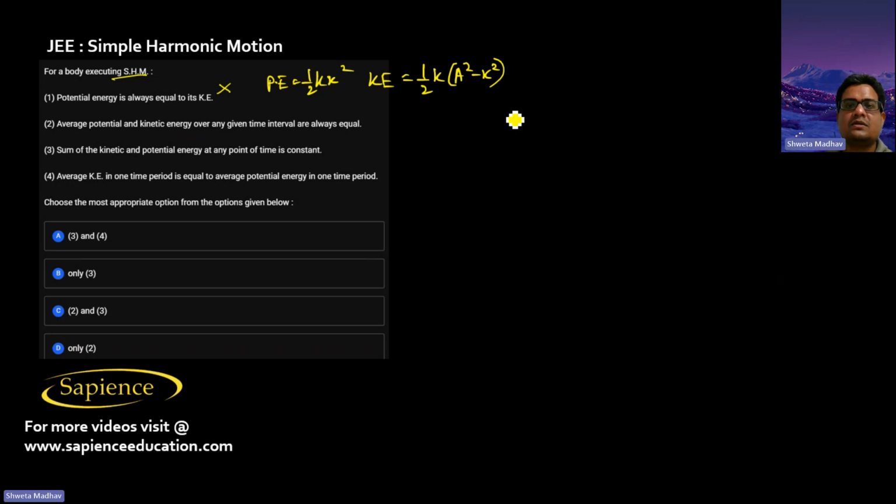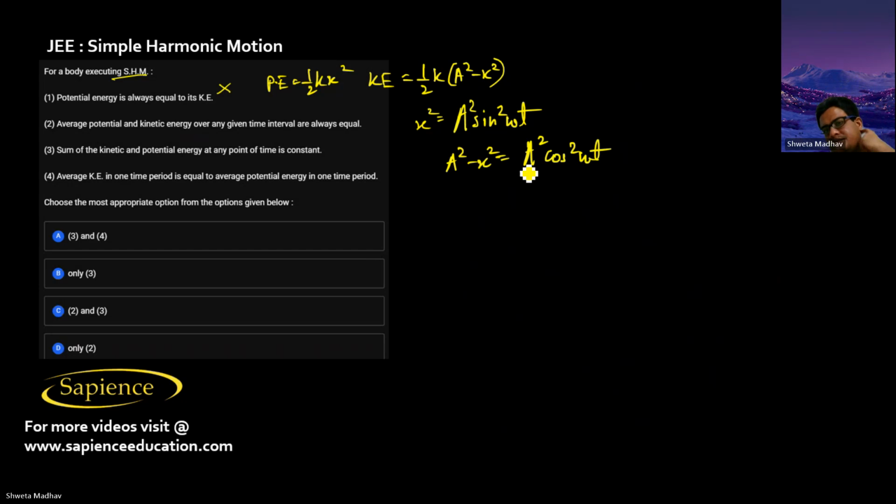Since x squared will be a squared sine squared ωt, and a squared minus x squared will be equal to a squared cos squared ωt, the average of sine squared ωt is the same as the average of cos squared ωt, which is equal to half.